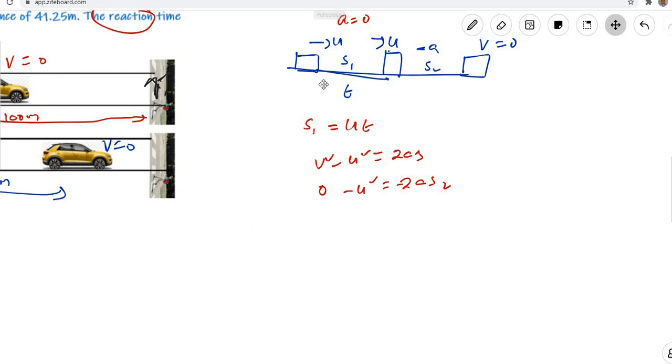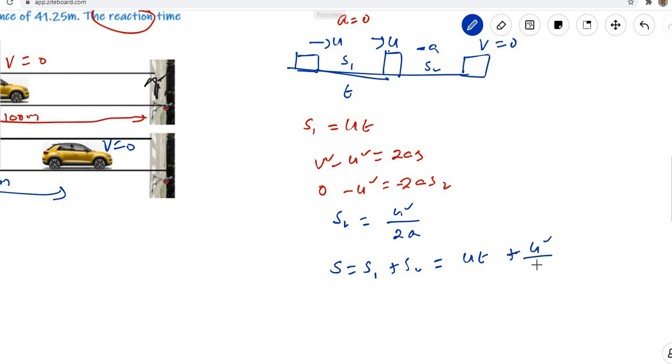So from this I can say that S2 will be u square by 2a. Now that means what is the total distance? S1 plus S2 is equal to ut plus u square by 2a. So we have to apply this equation for this situation.